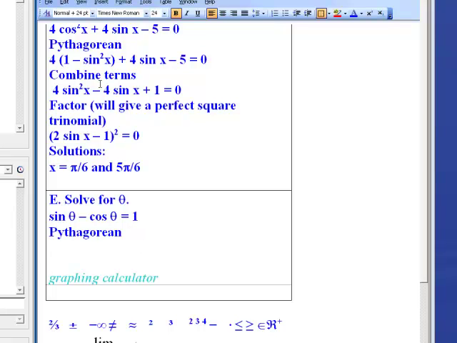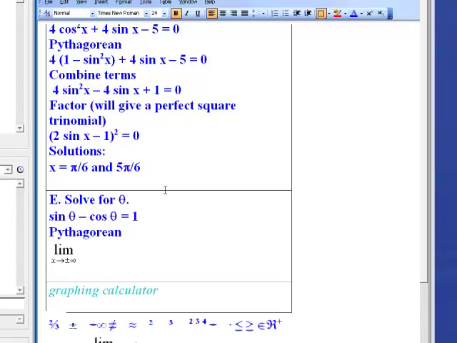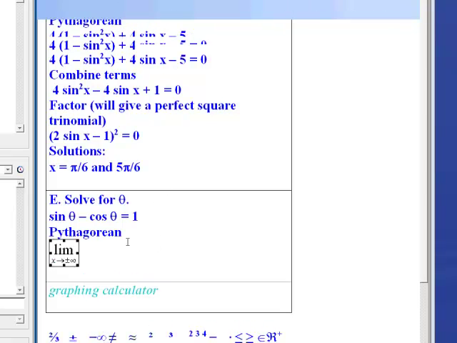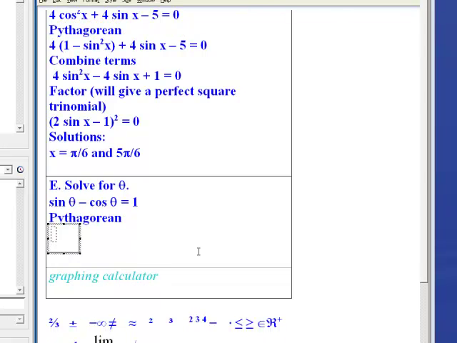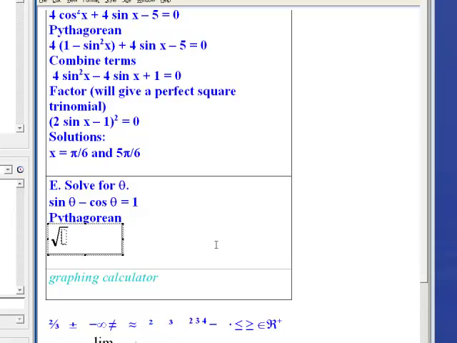That's what I'm going to do. I think I'll use the equation editor for that. So it will look as follows. Square root of 1 minus cosine squared theta. So that's a Pythagorean substitution for the sine.